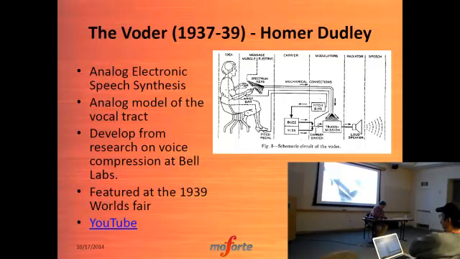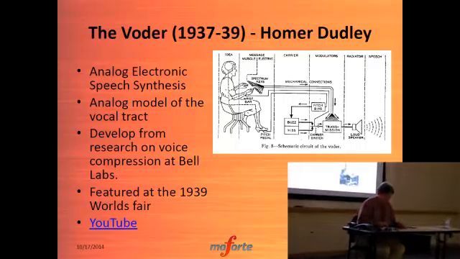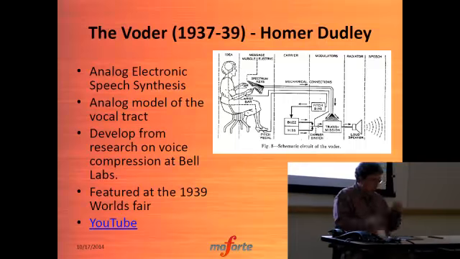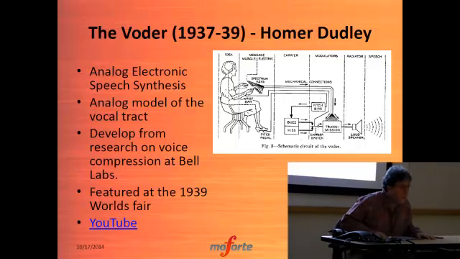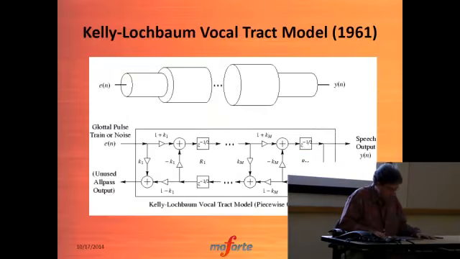So, that's 1939. Pretty amazing, actually. But keep in mind, it goes back almost 1,000 years at that point. In 1961, a pair of very good scientists, engineers formalized the signal processing circuit, the Kelly-Lockbaum circuit, which is really a starting point for much of the physical modeling that we're doing today.